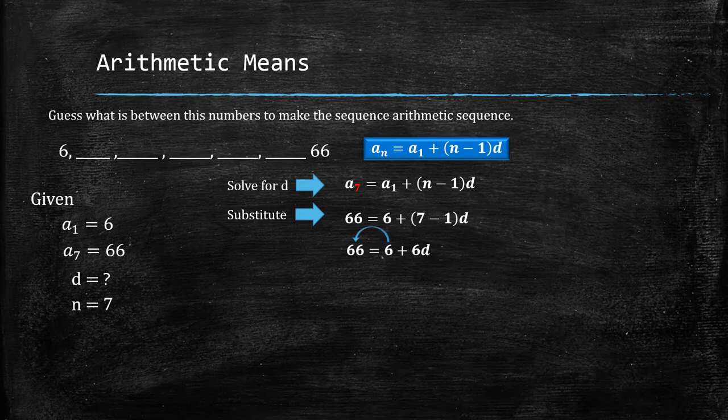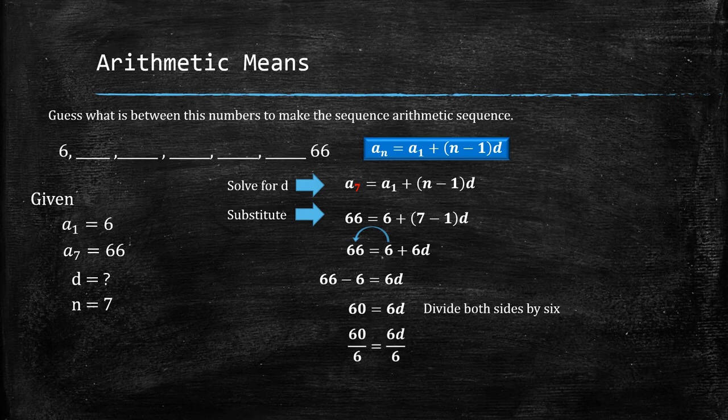So 66 minus 6 is equal to 6d. Again, isolate d. So 66 minus 6 is 60, equal to 6d. Isolate d by dividing both sides by 6. So, cancel ang 6. So, d is equal to 10. Okay? Nakuha. Again, na-solve na nato ang d.